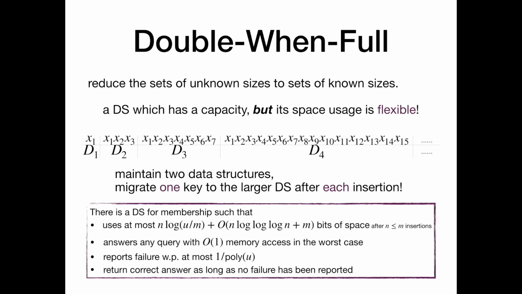If the smaller data structure becomes empty, we create a new data structure. The capacity of this new data structure is twice that of the larger data structure. For example, the third data structure may contain the first 7 data points over its lifetime. In order to answer a query, we query both data structures.